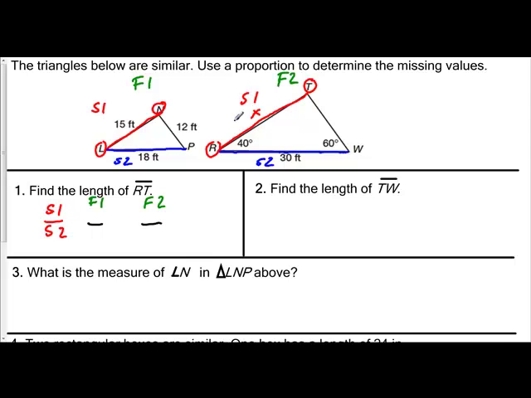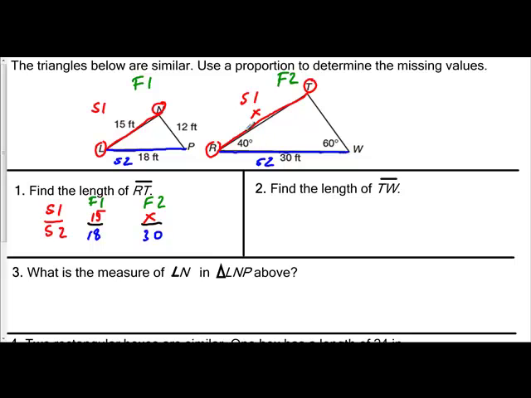So our side 1s are 15 and X. Our side 2s are 18 and 30. Notice the lengths of my sides from figure 1 are on the fraction bar for figure 1. So 15 to 18, side 1 to side 2, from figure 1.